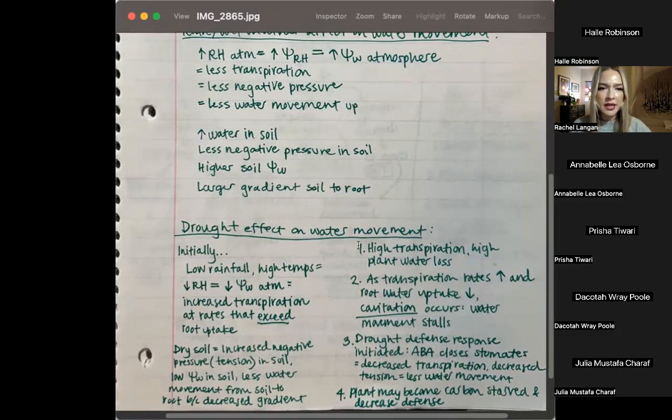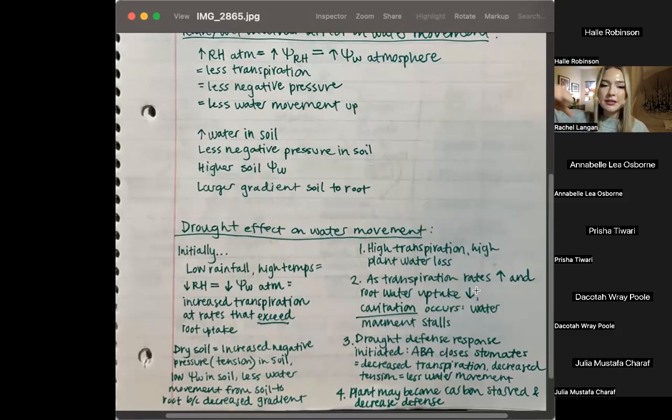So initially you get high transpiration and high plant water loss when you have a drought. And then as you increase the transpiration rate and decrease the root water uptake, you're having a hard pull from the top and not enough coming in from the bottom.